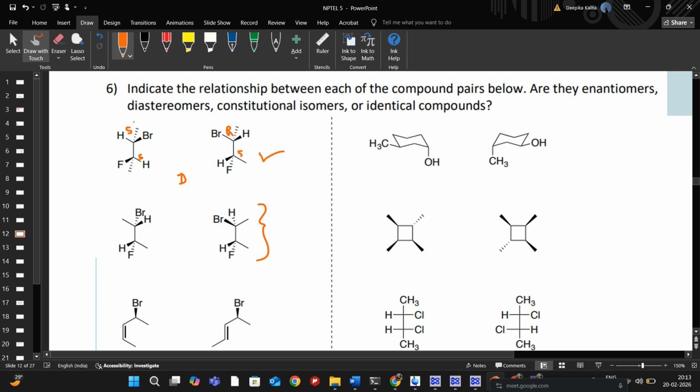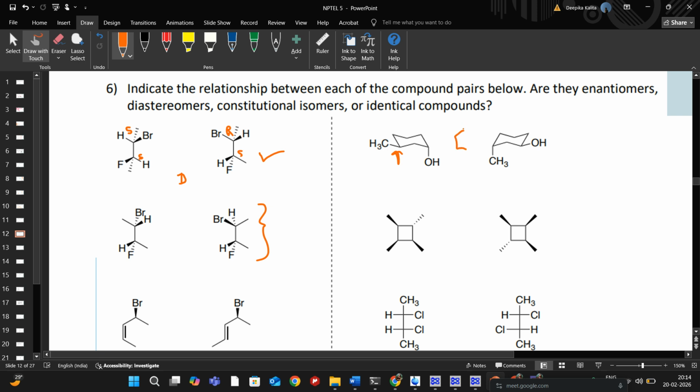Now, in the second pair, we can see that both the substituents are exactly opposite in the second molecule, okay?